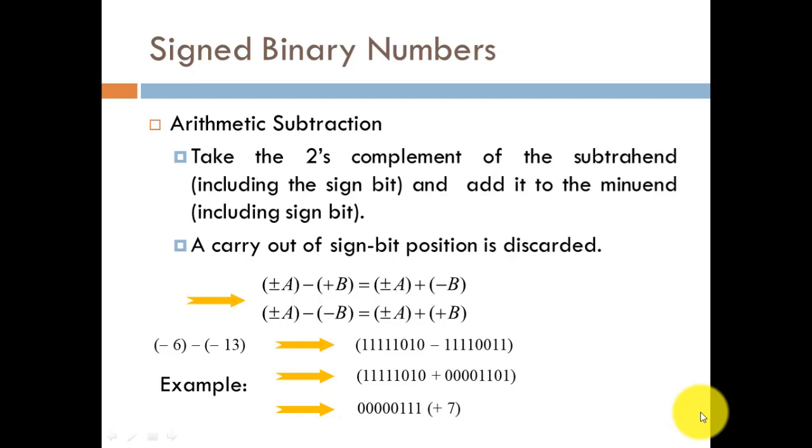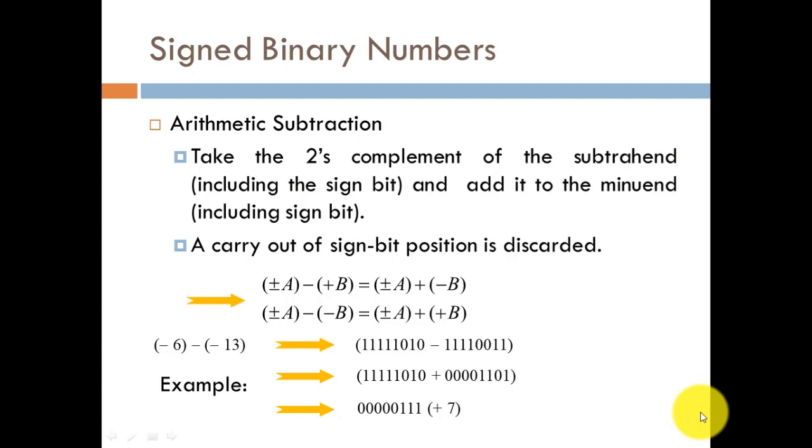So we simply perform the addition operation between these two. What we are left with: 1 plus 0 is 1, 0 plus 1 is again 1, 1 plus 0 is again 1, and then 1 plus 1 is 0, carry 1. 1 plus 1, again 0, carry 1, 1 plus 1, again 0, carry 1, 1 plus 1, again 0, carry 1, and we discard this last carry out of the sign bit.